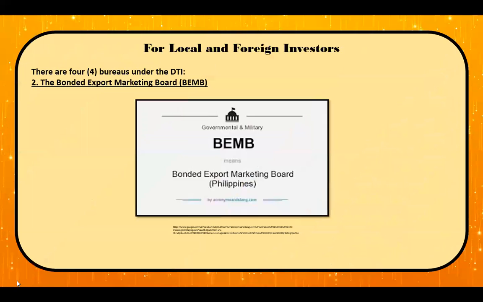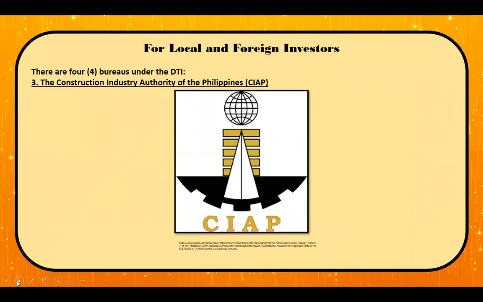The next bureau is the Bonded Export Marketing Board, or BMB. This is in charge of the promotion of our country's investment abroad and assists incoming investors in joint venture arrangements between local and foreign companies or manufacturers through market access, technology transfer, and equity participation. The next is the Construction Industry Authority of the Philippines, or CIAP.